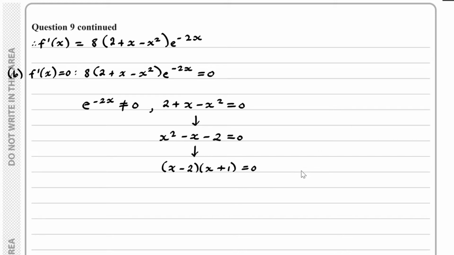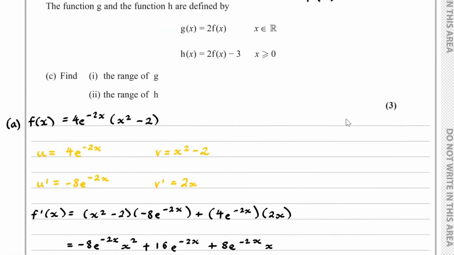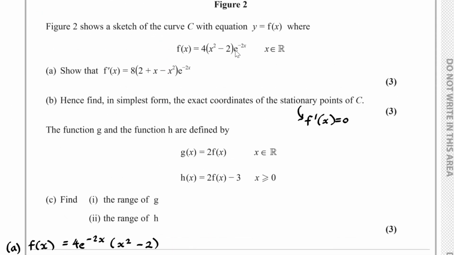Of course, x is equal to minus 1 or 2. And with this, these are our x coordinates of the stationary points. We can now find out the corresponding y coordinates of the stationary points, and we can do that by substituting back into the original function here.